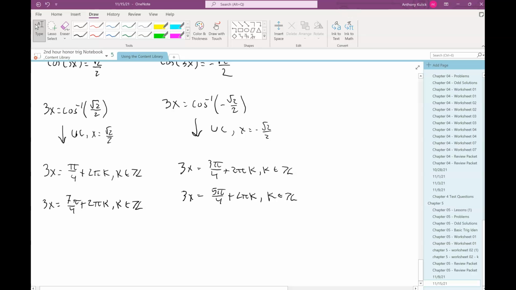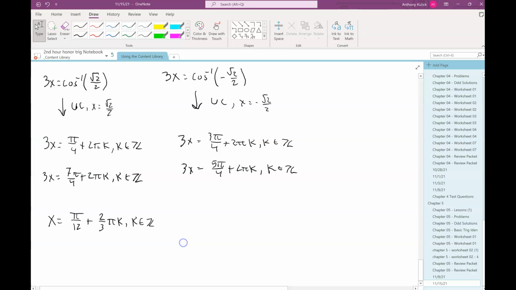All right. Let's keep on rolling here. Then we divide both sides by 3. So I get pi over 12 plus 2/3 pi k. And then I have 7 pi over 12 plus 2/3 pi k.